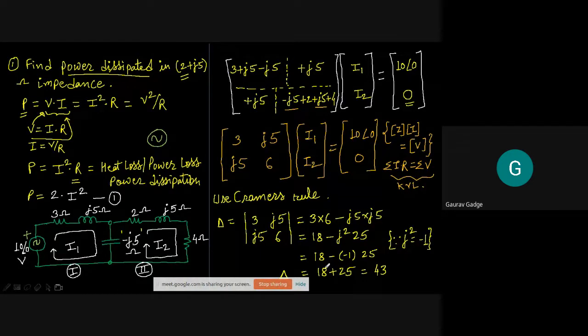Is it clear to all? Any question? No, sir. Okay, fine. So what I did in this, which rule am I using? Cramer's rule. पहले स्टेप में मैंने क्या किया?